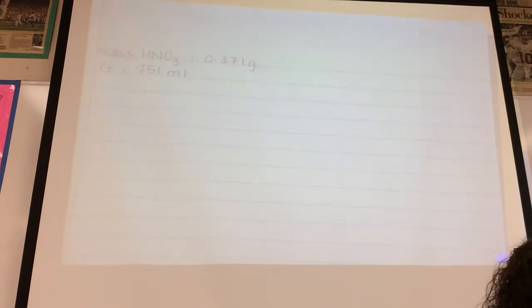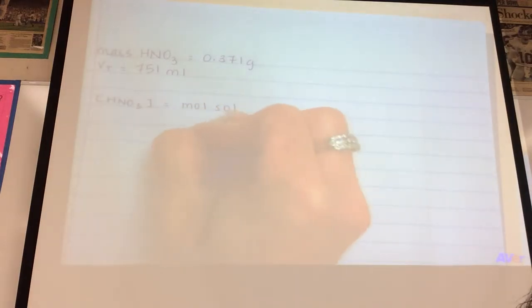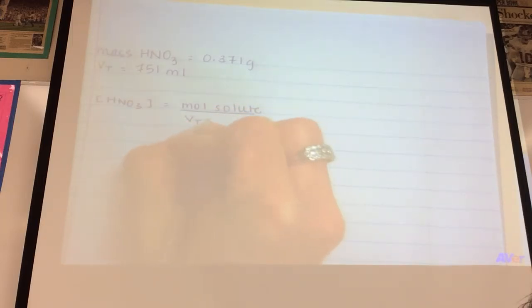Well, to get pH, we need to get proton concentration. To get proton concentration, we need the concentration of the nitric acid. Concentration is going to be the moles of the solute over the total volume of solution in liters.